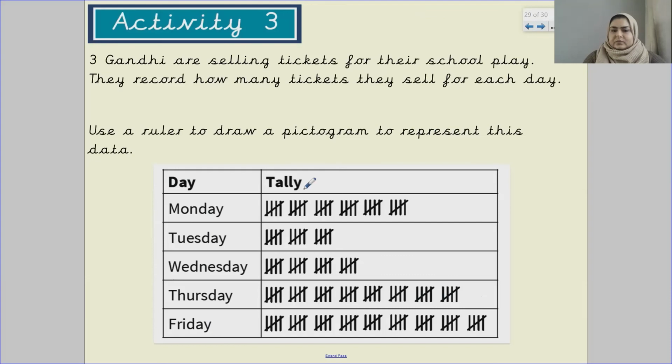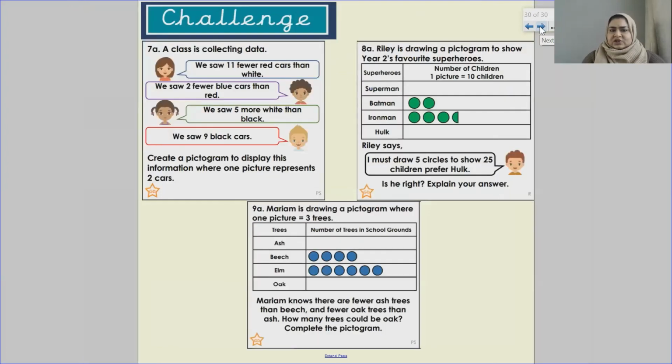But you need to draw a pictogram to represent this and make your own key. Now, your challenge is the following. So it says a class is collecting data. So you look at what the question is telling you to do. You collect the data, make a tally chart and pictogram. And the same with 8A and 9A.